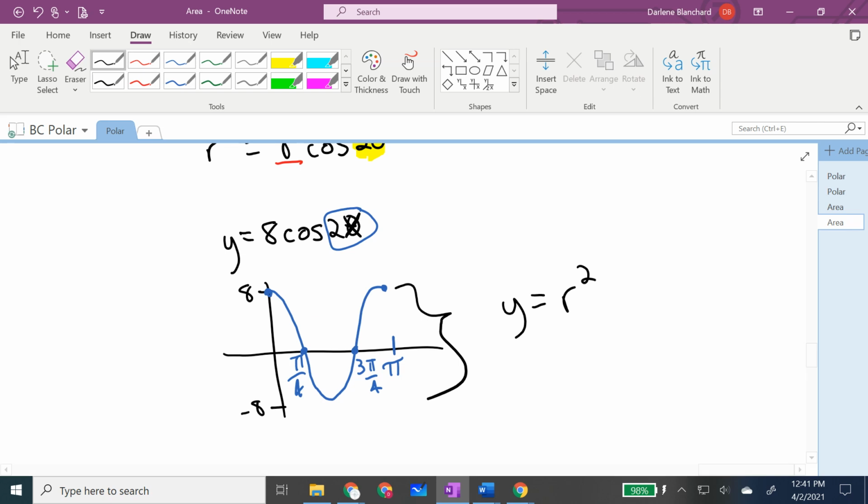What do you see that is kind of an issue? What is a very big problem? What can r squared not be equal to?